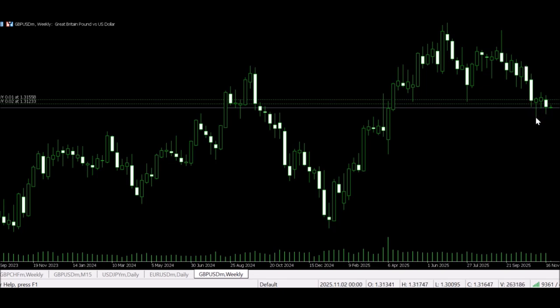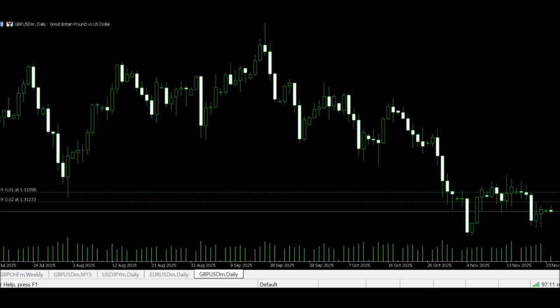But if the market goes below this pin, that means we are going to come down to somewhere around here. But currently, because of this pin, I am looking at a possibility of the market reversing and going up. Now let's look at the daily.